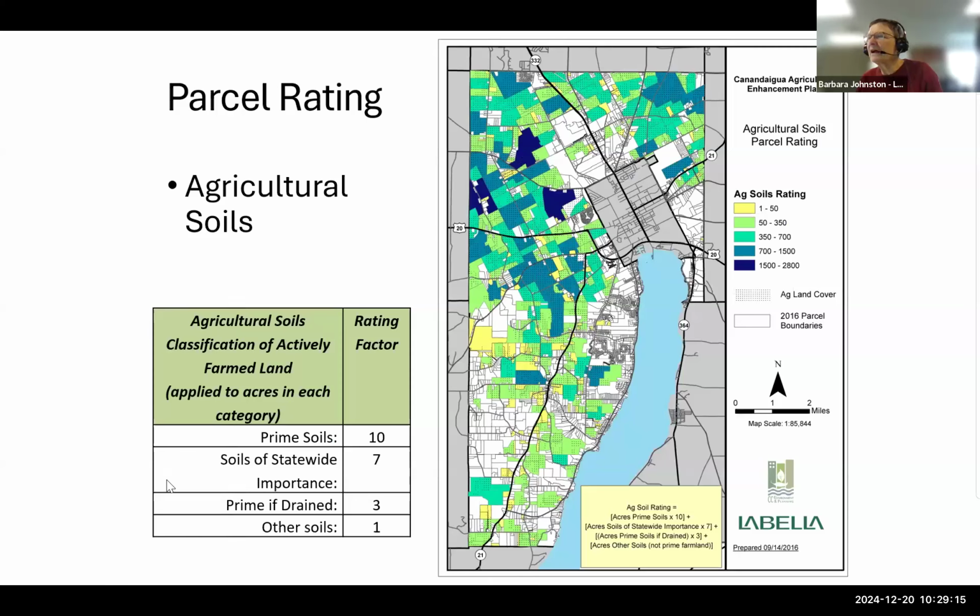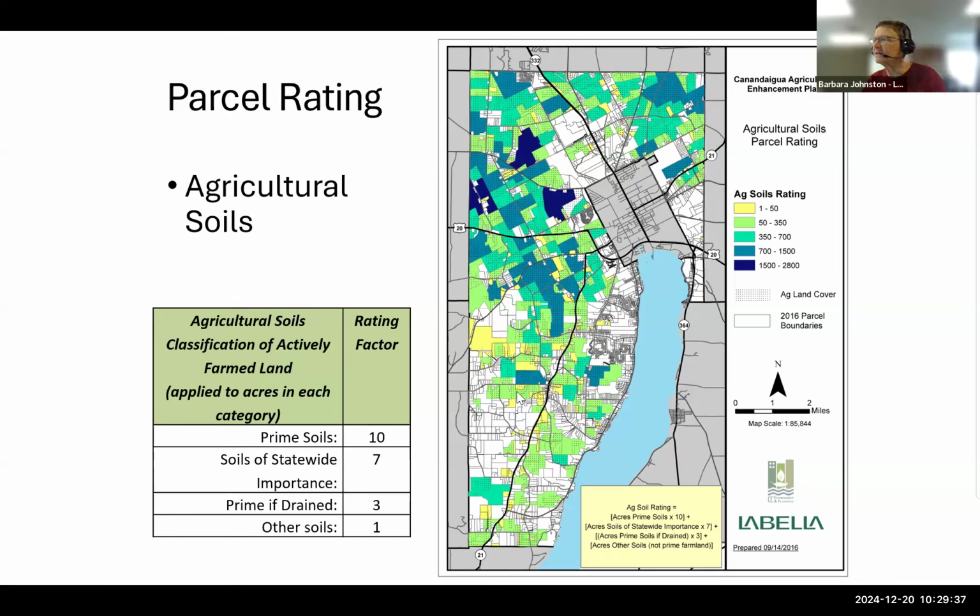So I'll run through the parcel rating. We haven't really started this. We've got to wrap our heads around how we want to update the parcel rating that was done previously. So I'm going to walk through with you how we did it before. This is again from the Ag Plan in 2016.